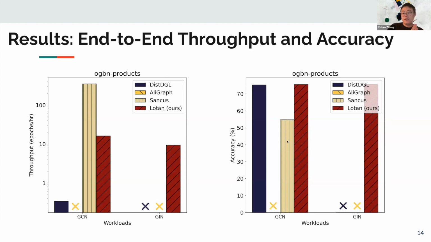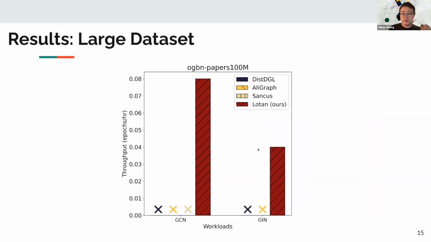This is likely due to the fact that Sancus uses approximate processing that can hurt the accuracy. And also, Sancus would start to fail out of memory on larger workloads, as shown on this OGBN papers 100 million dataset. Loten is actually the only one that's still able to scale to this workload.